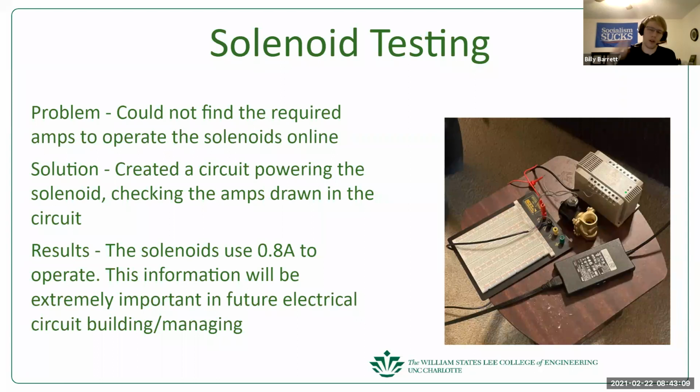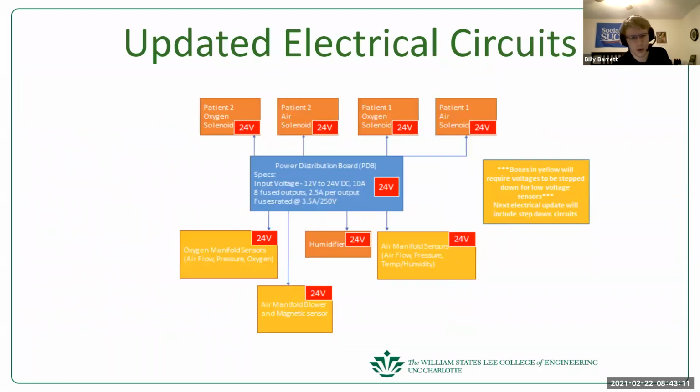I think I have it on there. Yes, one does 12 volts to 24 at 10 amps. So we have plenty of room per output. Or sorry, that's the input. Output is 2.5 amps, so that's still plenty. This is an updated electrical circuit that shows what's going out from the distribution board, where to, and how much. Now, each of the sensors won't be 24 volt, I'm pretty sure.